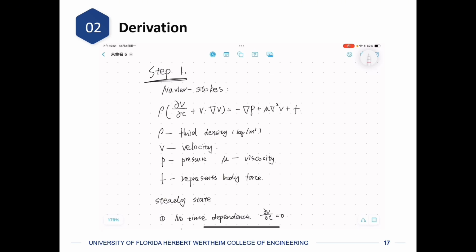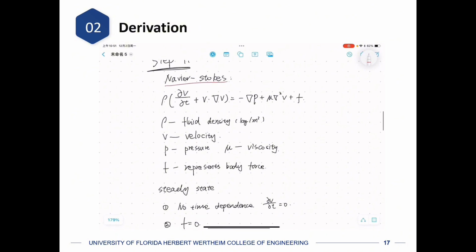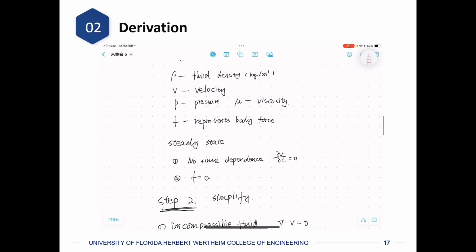Firstly, let's start deriving Darcy's law with the Navier-Stokes equation. First step, the Navier-Stokes equation describes the motion of fluid and is given by this form. Here rho is the fluid density, v represents velocity, p is pressure, mu is viscosity, and F represents the body force like gravity.